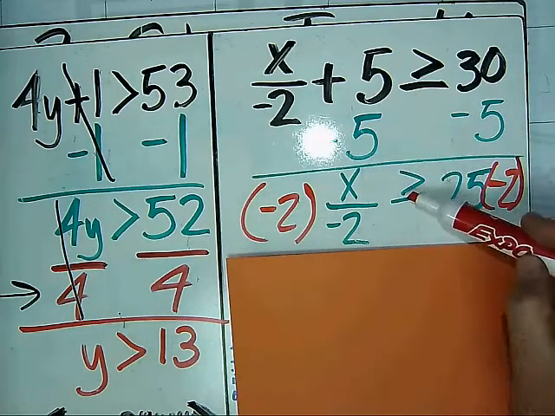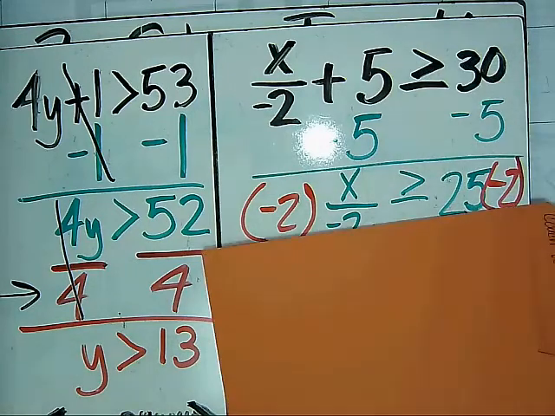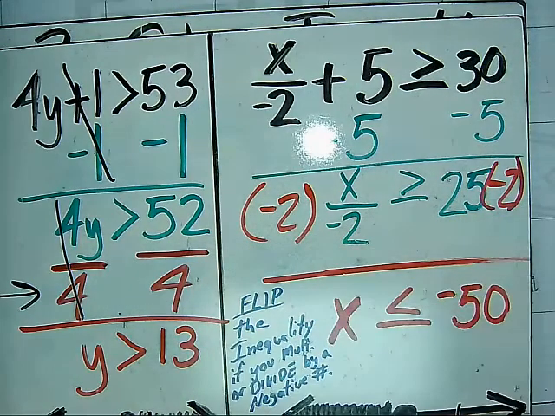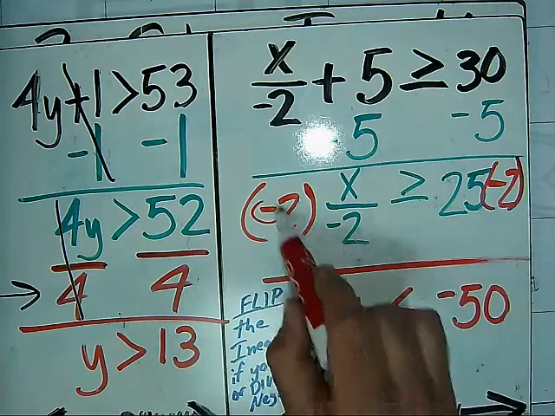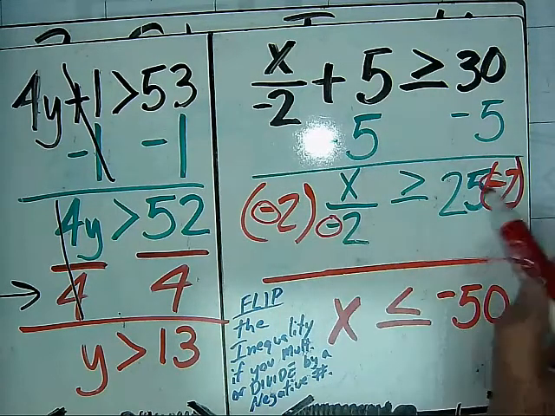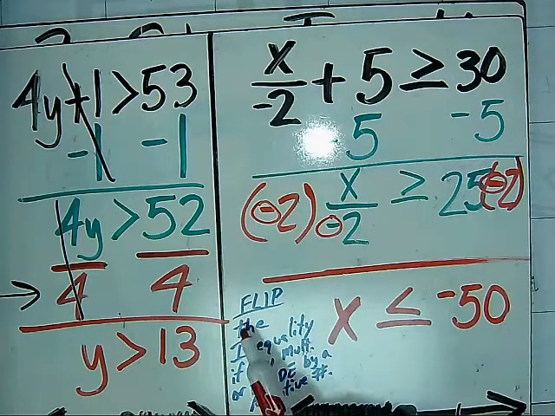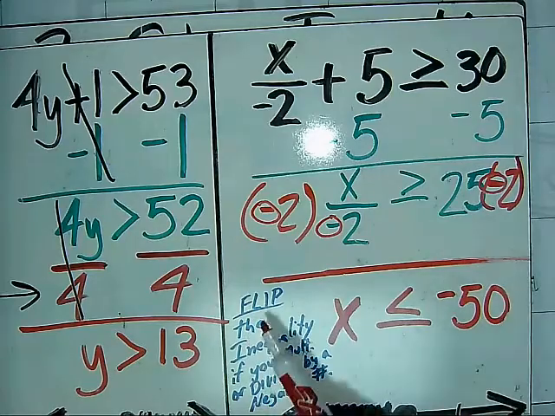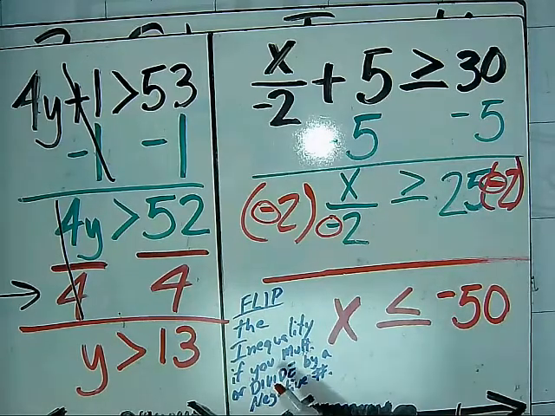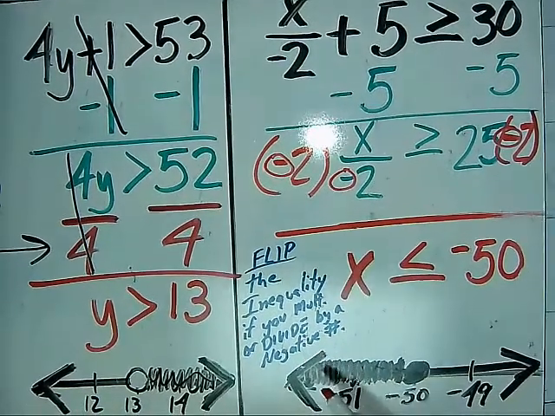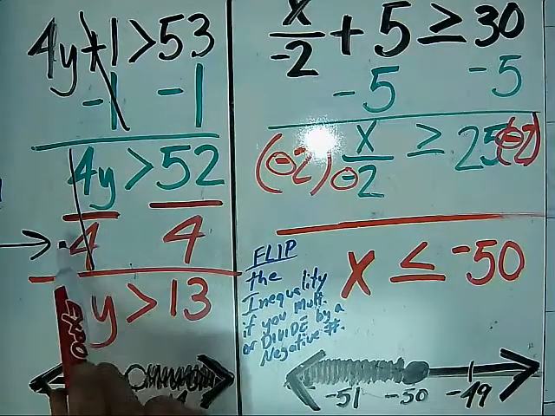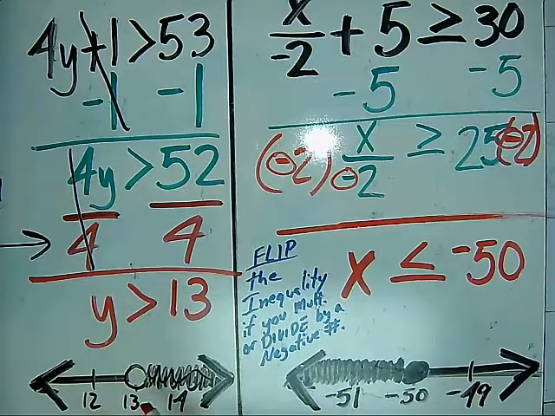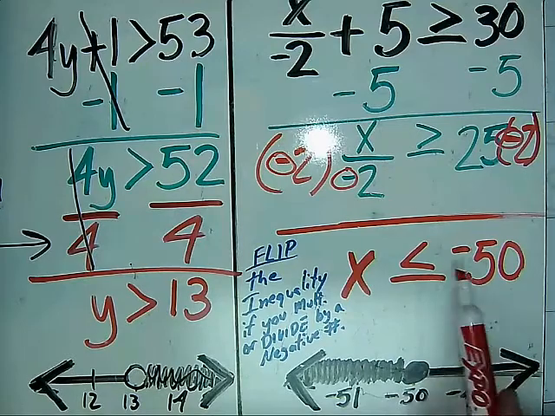This now, it was greater than or equal to, is going to change to less than or equal to. So only because the number you divided by was negative, then you are going to flip from greater than to less than. So flip the inequality if you multiply or divide by a negative number. So just like over here, if this was a negative 4, then this would have flipped. So x is now less than or equal to a negative 50.